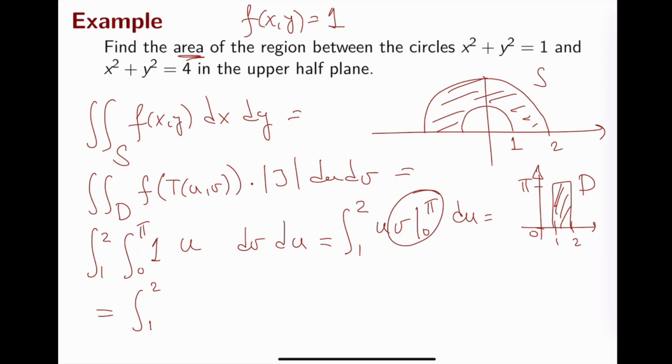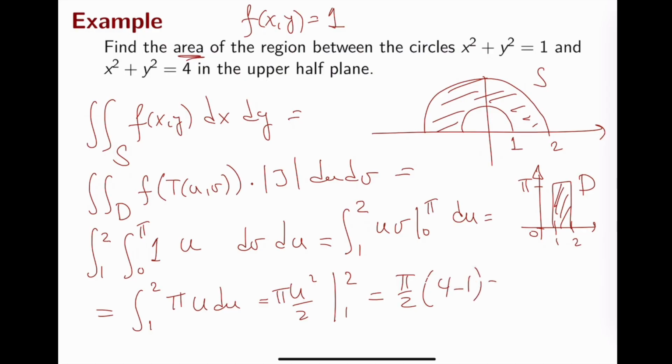The evaluation here will be just pi, and so it's pi u du. The integral of u is u squared over 2 evaluated between 1 and 2. This is pi over 2 times 4 minus 1, which is 3 pi over 2.